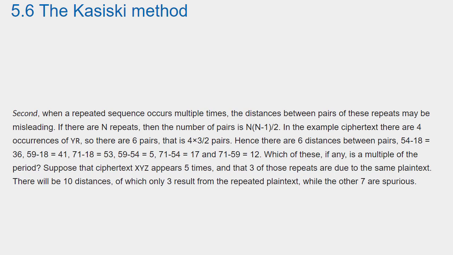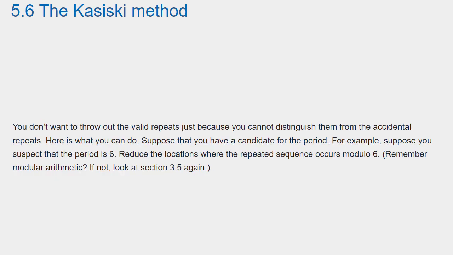Suppose that ciphertext XYZ appears 5 times, and that 3 of those repeats are due to the same plain text. There will be 10 distances, of which only 3 result from the repeated plain text, while the other 7 are spurious. You don't want to throw out the valid repeats just because you cannot distinguish them from the accidental repeats.